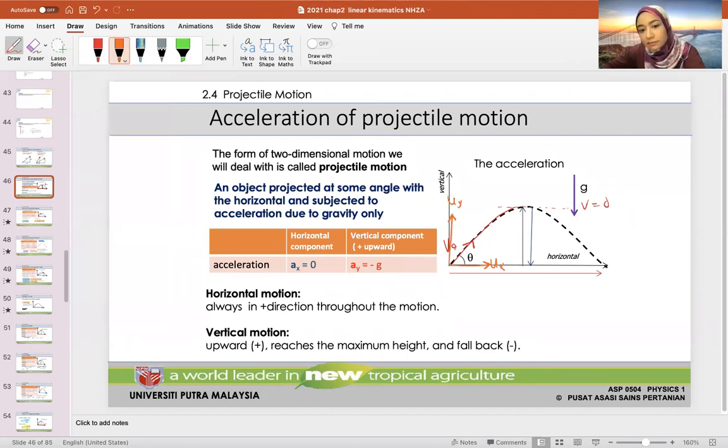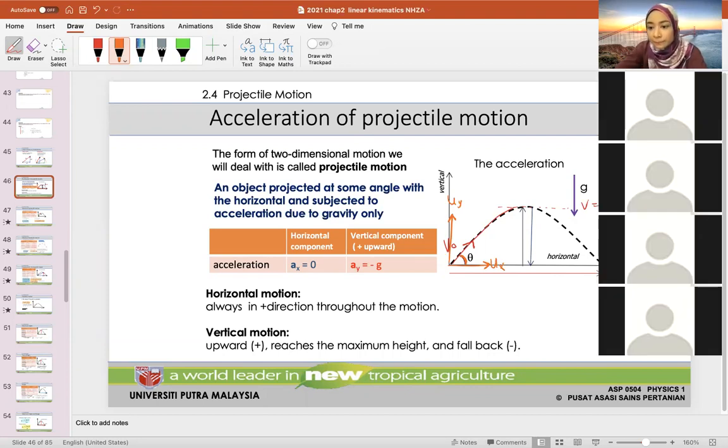So V naught is initial velocity, or in other words, it's called u. So I resolve this launching angle that they gave me into ux and uy. And ux is V naught cosine theta, depending on where the angle touches. The axis that touches the angle will get the cosine. As usual, we know this already at this point.